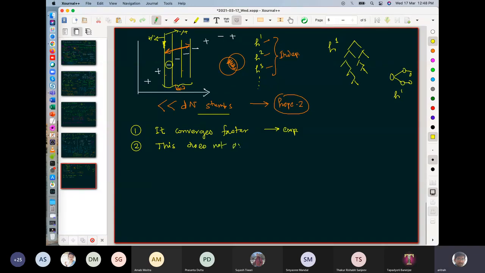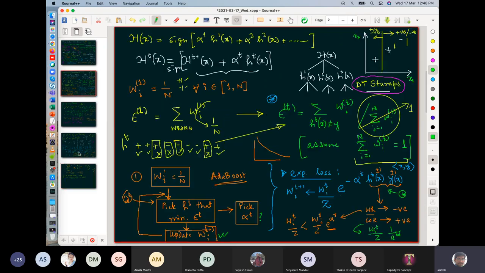If we take exponential loss and try to fit it, it does not overfit. Though it's a practical result, and as I said, it's still an open problem to prove formally that AdaBoost will not overfit in exponential loss. People have experimentally shown it converges very fast without any overfitting, but there is no such proof that it generalizes well without any overfit.